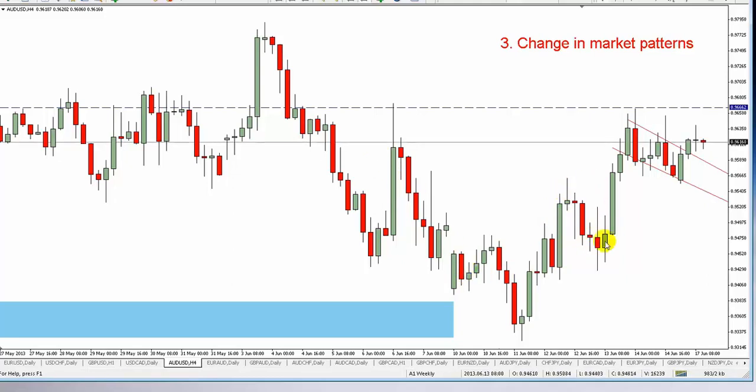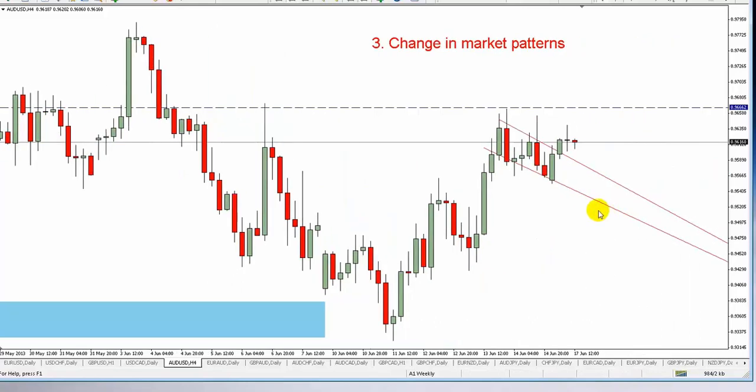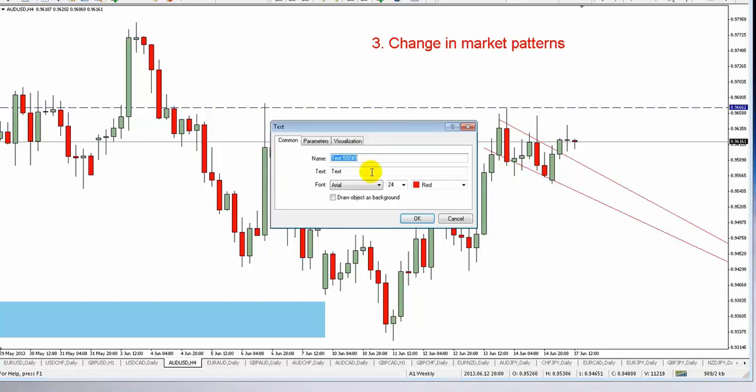This is a classic one right here. This is another classic one right here. And the up moves are the strong trending moves. So our explosions are no longer going down, but they're now going up. Now that doesn't mean that we're going to see the Aussie rip off 1,000 pips to the upside. It only means the downside trend is over. I need to write this down because it's a very critical point here.